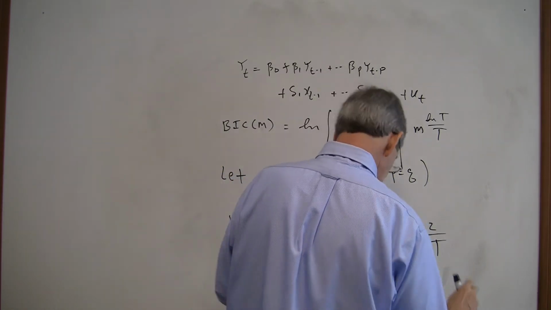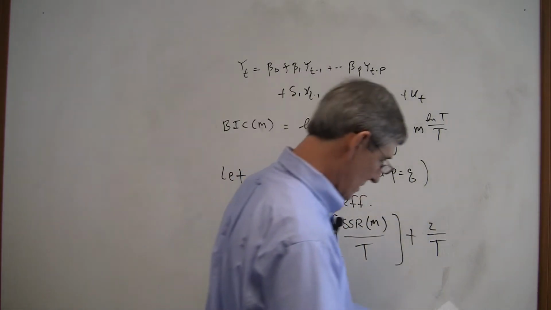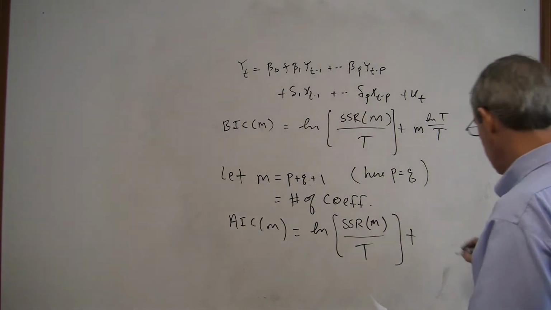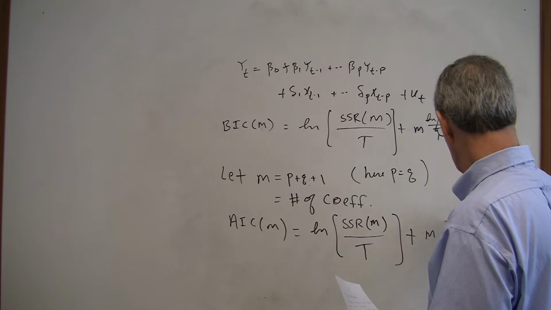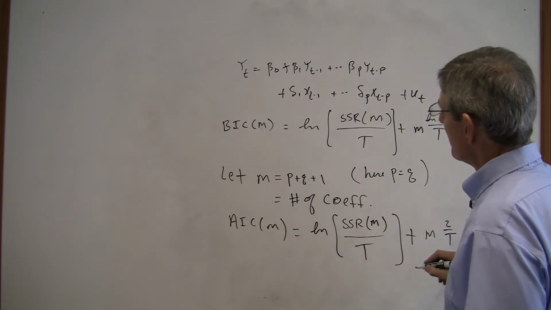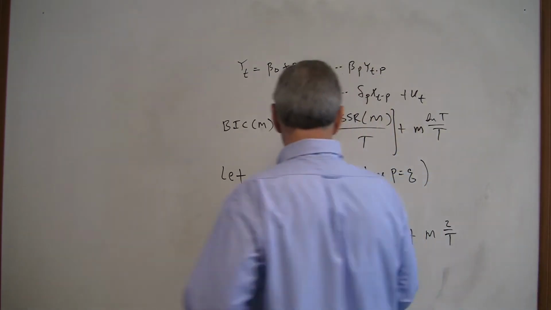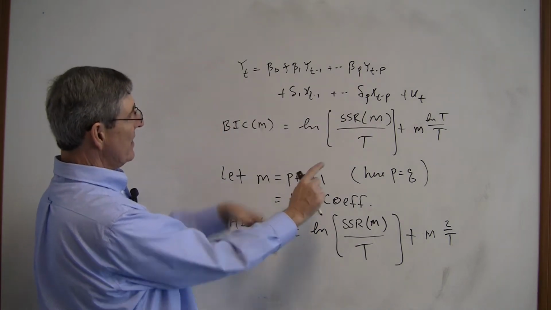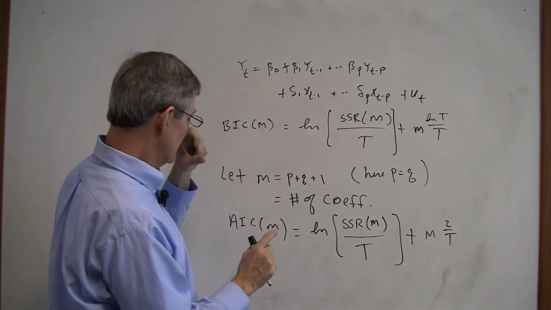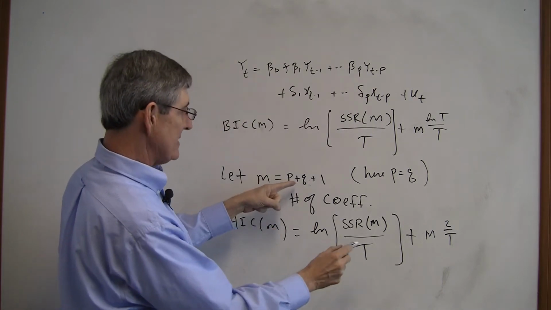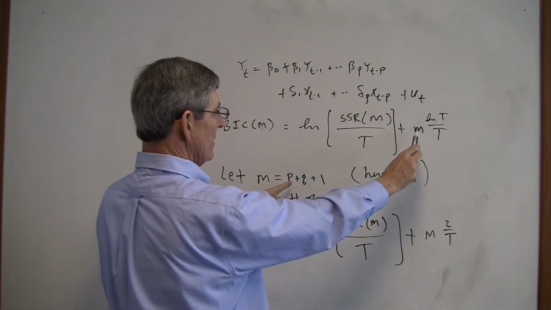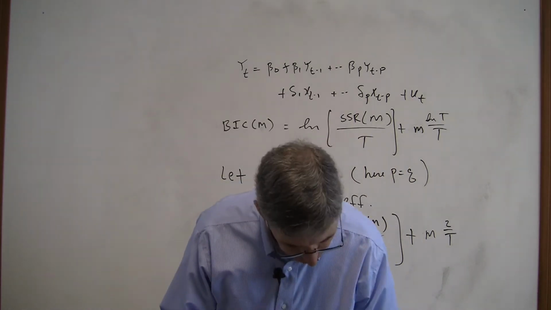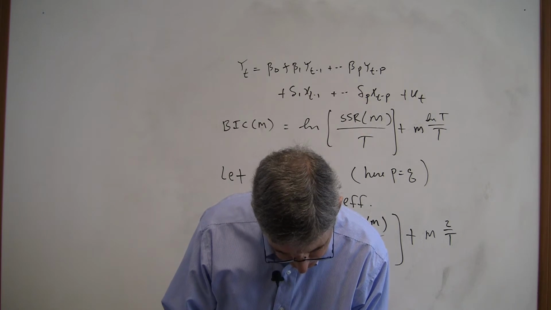M times 2 over t. Before, we didn't have q. Q was 0 because we didn't have any x's. And so in that case, this was p plus 1. So there's really no difference between the two. It's just a slightly different notation.